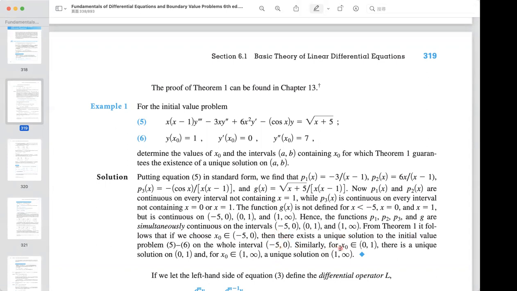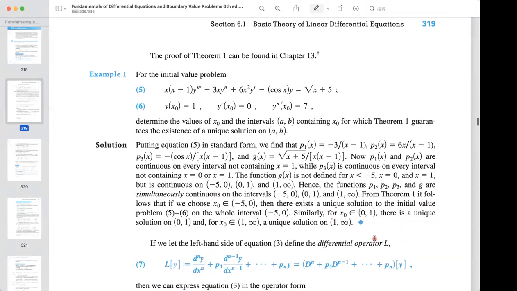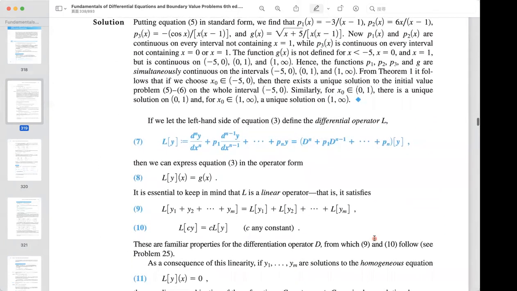Otherwise, if your x0 belongs to between 0 and 1, then your interval should be 0 to 1. The same, if your x0 is located in 1 to infinity, then you should choose the interval 1 to infinity.